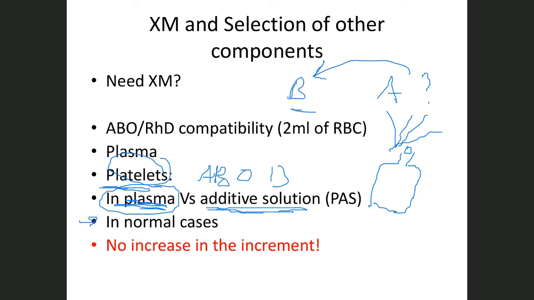Some patients have platelet refractoriness. Have you come across this before? With platelet refractoriness, we provide platelets one time, two times, and there is no increase in the platelet count. So we provide them several times.